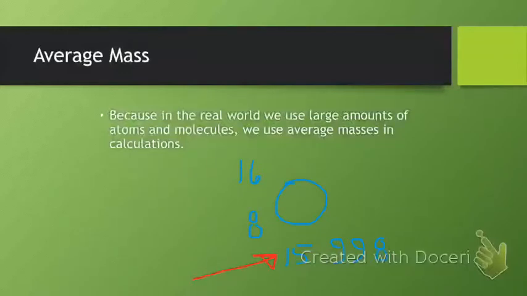Almost always in the real world, we don't use a single atom or a single molecule. We use large quantities. And since there are these isotopes, and each of these isotopes can weigh a slightly different amount, what we do is we just take the average mass in calculation. So the number that's usually very similar in magnitude to the mass number, but is not a whole number, is the average atomic mass for that element.